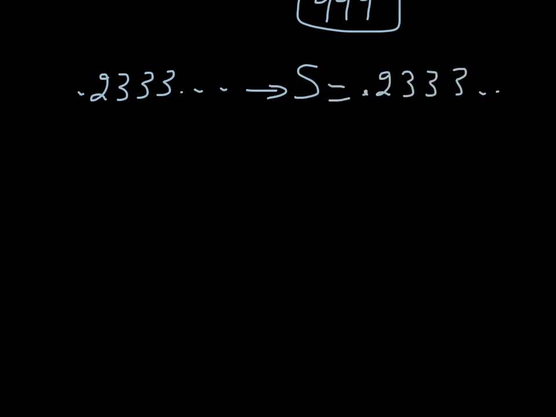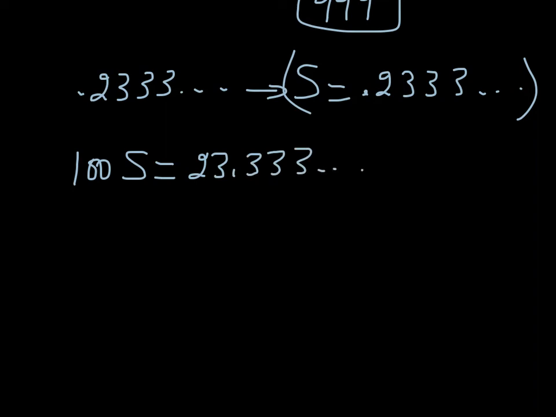And now we're going to try something very, very simple. We're going to say, okay, what if we have 0.2 and then it starts to repeat 3, 3, 3, 3. We're going to call this s, a sum of a bunch of numbers. And so the numbers, we add them as 0.2333 infinitely. Now if you multiply this sum both sides by 100, you'll end up with 100s is equal to 23.333 repeating.